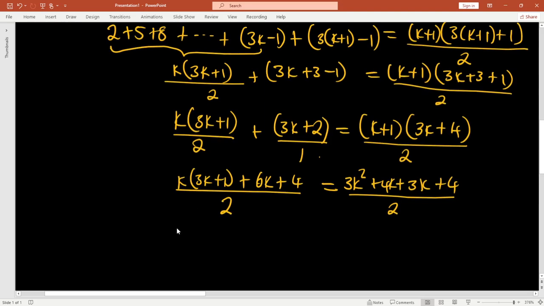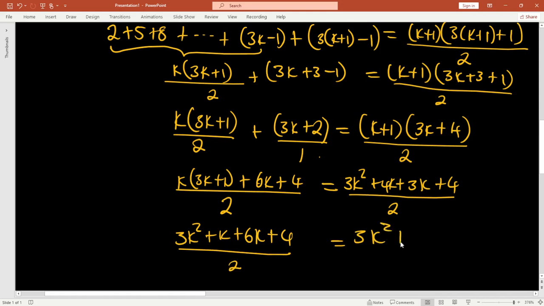So k times 3k, we get 3k squared. So k times 1, we get plus k, plus 6k, plus 4, divided by 2 here. We equate what we have this side. So we have 3k squared plus 4k plus 3k, we get 7k, plus 4, divided by 2 like this here.